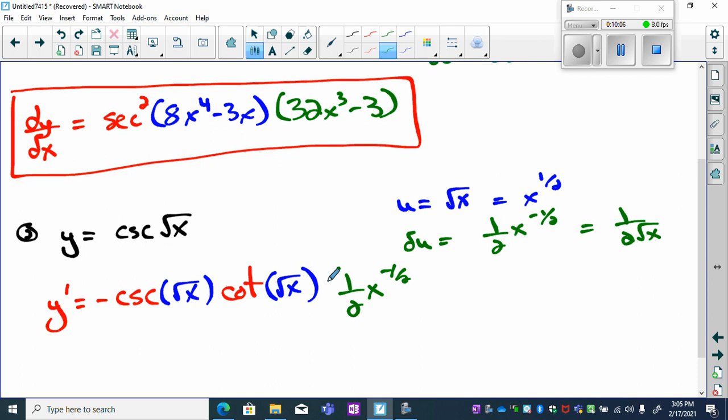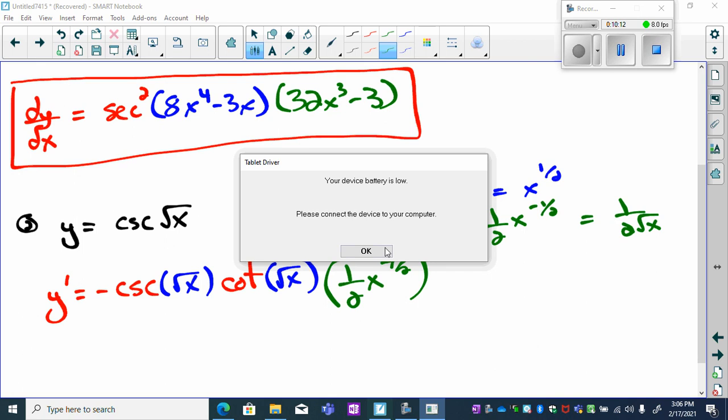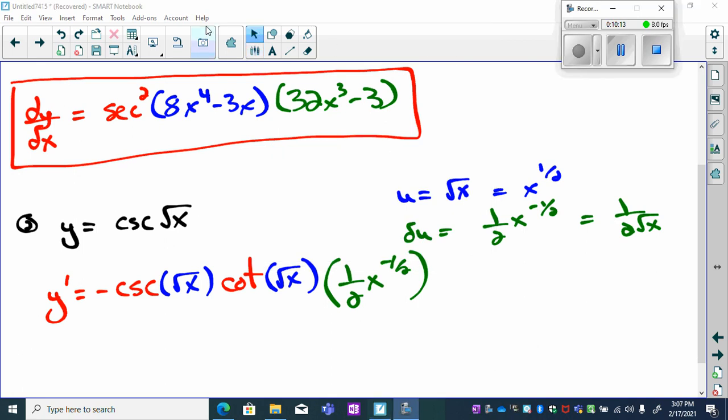And since it said I don't have to simplify it, I'll just leave it as is. That's it. That is the derivative. Do a couple more that we don't have to simplify, and we should be good.